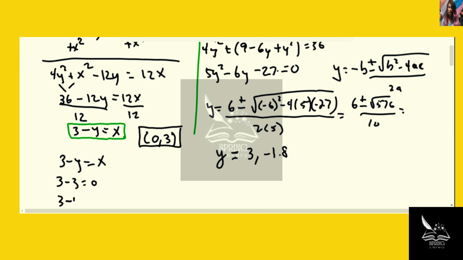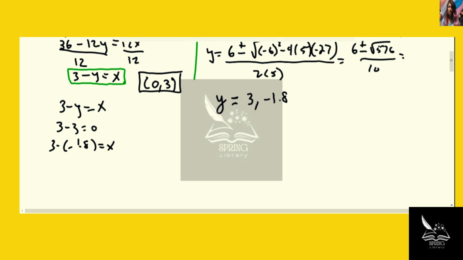And then 3 minus negative 1.8 equals x, so that gives me 4.8. So then I know the point (4.8, negative 1.8) is also on the ellipse.